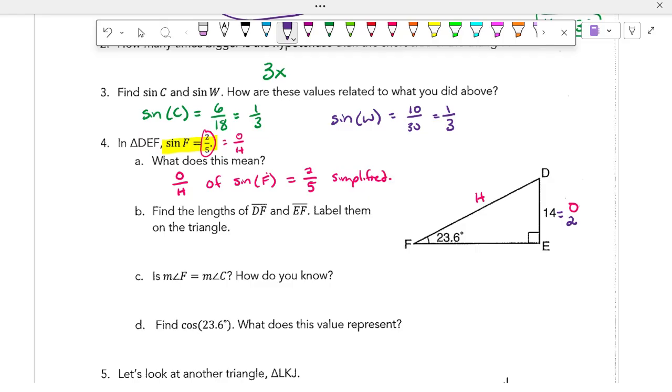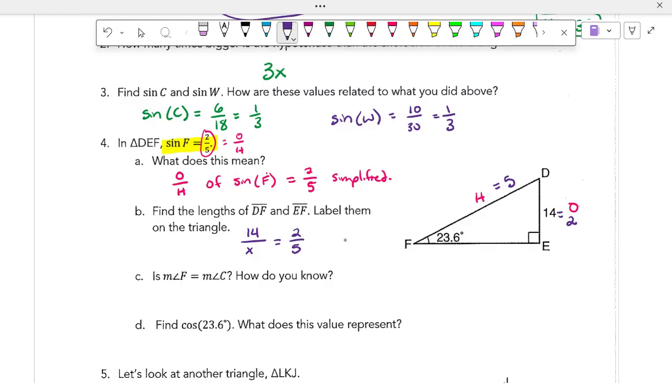All right. So if we want to find DF, how do you think I would set it up? So we would have 14 over, let's say, x is equal to 2/5. Because your hypotenuse, whatever it is, should simplify down to 5 after we do our calculation.